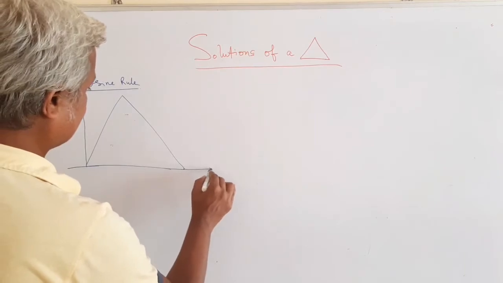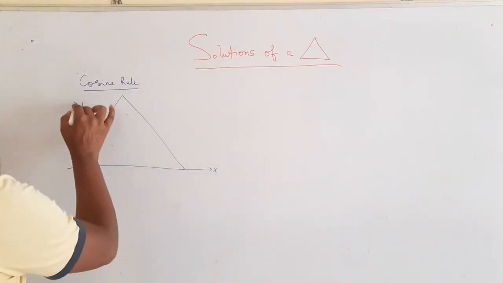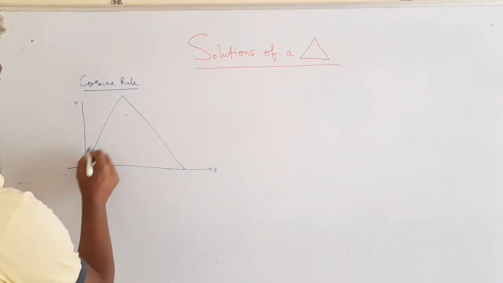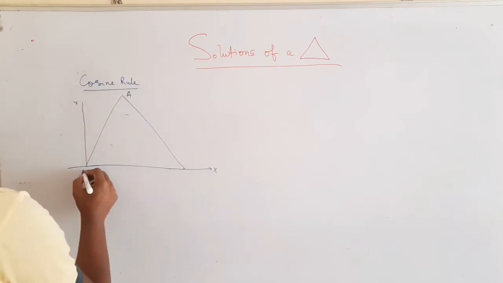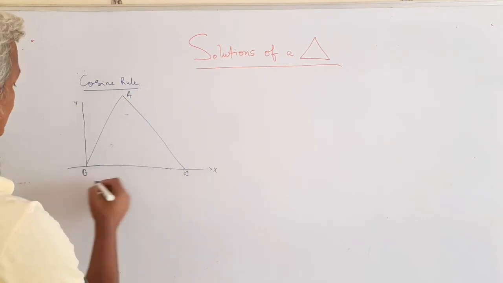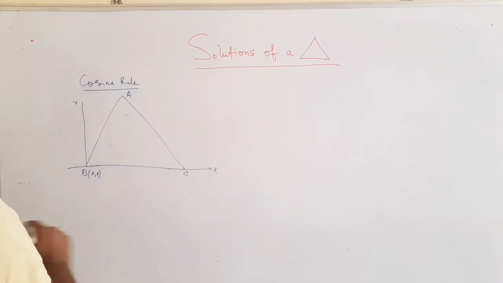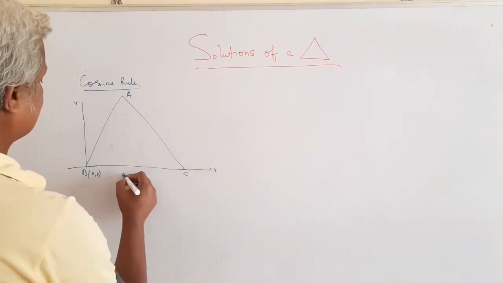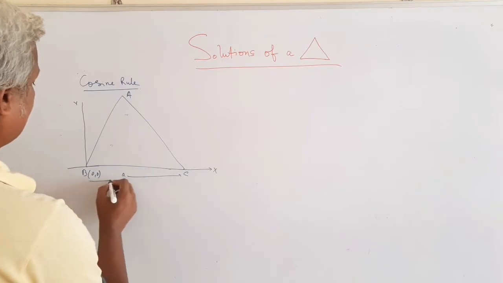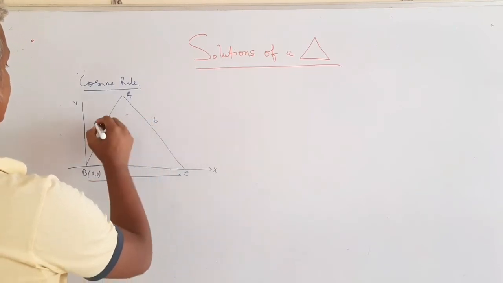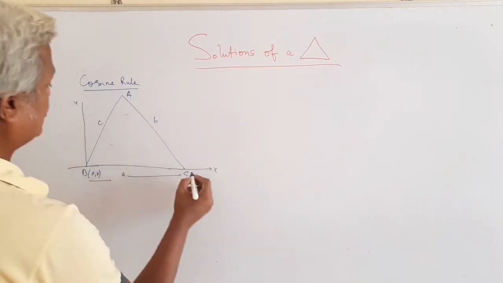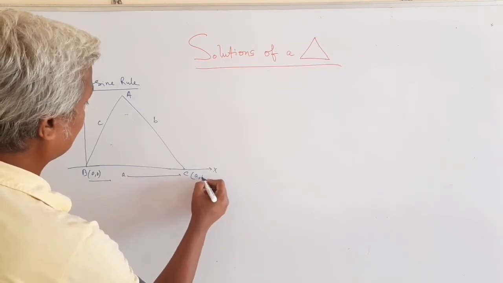This is my x-axis, this is the y-axis, and this is my triangle ABC. Now assume that the coordinate of B is 0, 0 because this is at the origin, and for the side notation, this is small a, this is b, and this is c. So this coordinate will be a comma 0.